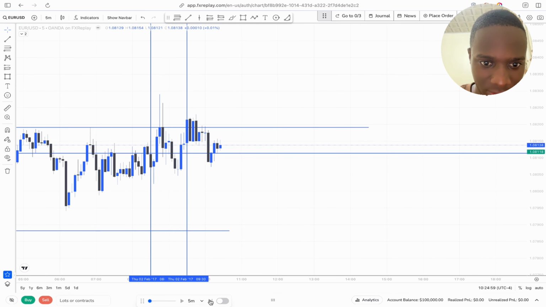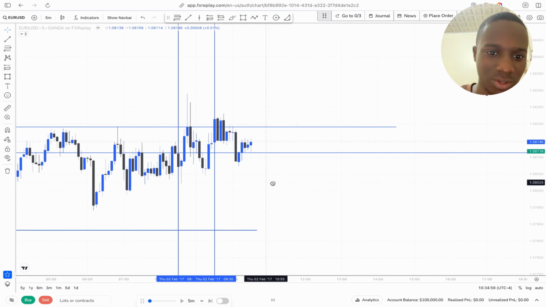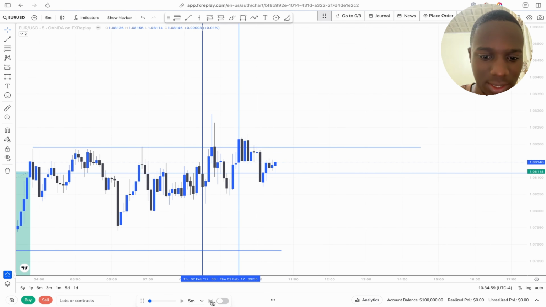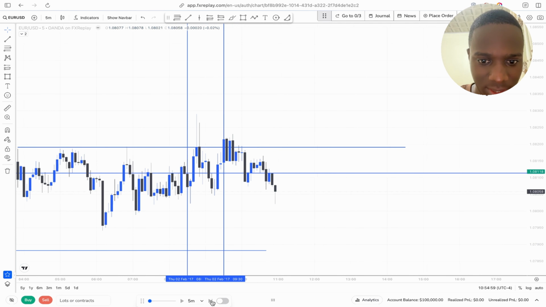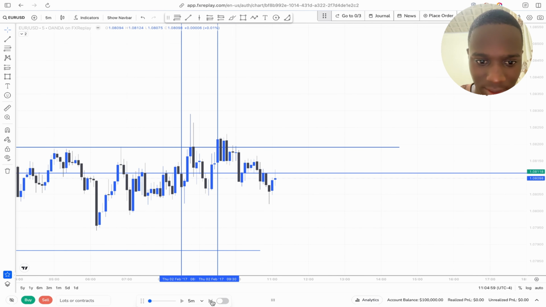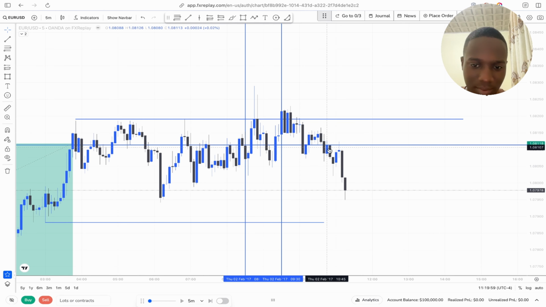So first it created some down close candles showing some signs of holding on. Okay, so it went lower and higher. Okay, so I think this is not a good time to trade Euro USD, but you can see now it started going lower, so I bet it was a reaction on this fair value gap.